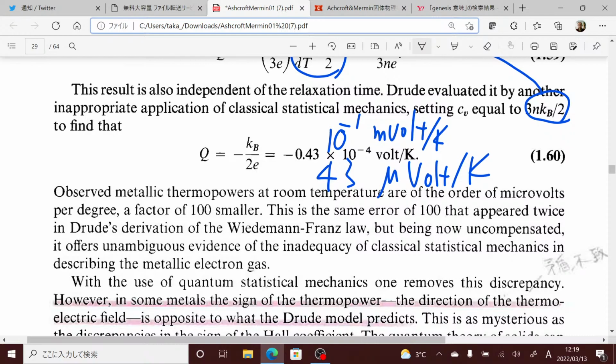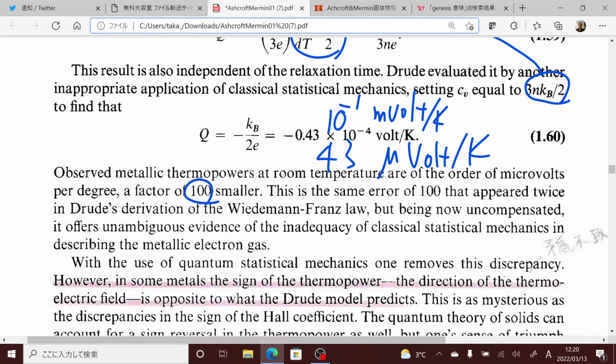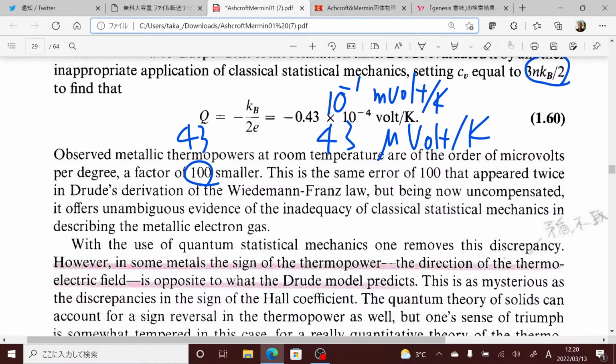Observed metallic thermal powers at room temperature are of the order of microvolts per degree, a factor of 100, maybe a factor of 40, 43. Anyway, a factor of 100 smaller.